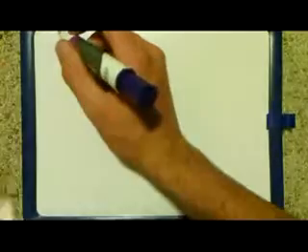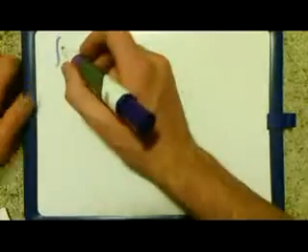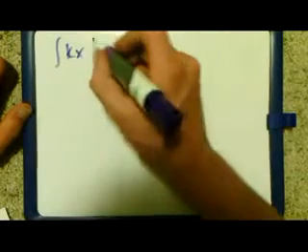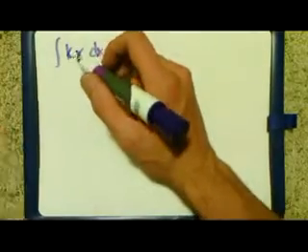Alright. Let's look at a couple rules that'll make things easier for you later on. We'll do the integral of kx dx, where k is just a coefficient, so it's like 6x or 1/2 x, or even a function.